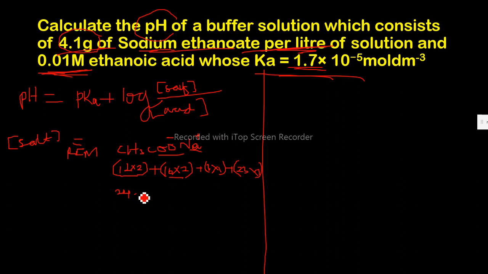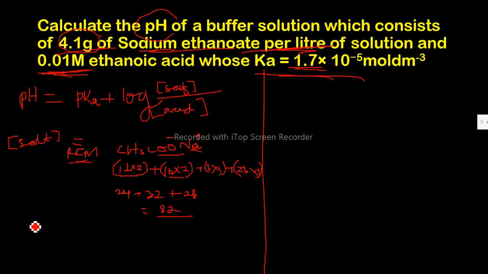This one is 32. This one is 26. So 24, 26, that's 50, 32, 82. So it is simply 82. Don't put G because you've said RFM.